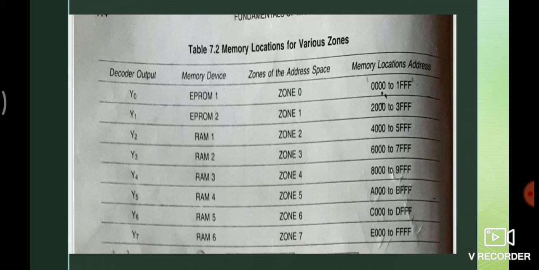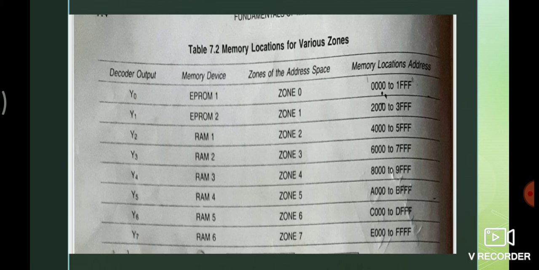The address lines A15, A14, and A13 have been applied to the select lines A, B, and C of the 74LS138. The logic applied to these lines selects a particular memory device, that may be an EEPROM or a RAM. So on the basis of the logic that we apply to the select lines A, B, and C, we can select a particular memory device.